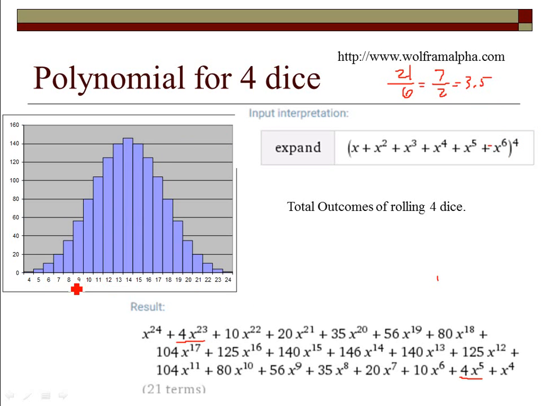Okay, total outcomes for 4 dice. Well, I've got 6 choices for my first die, 6 for the second, 6 for the third, and 6 for the fourth. So I get 6 to the fourth possibilities, which is 1296. That corresponds to exactly, if I added up all the coefficients, if I added 1 plus 4 plus 10 plus 20 plus 35 all the way down until I got down to the 1x to the fourth, it's going to add up to 1296.